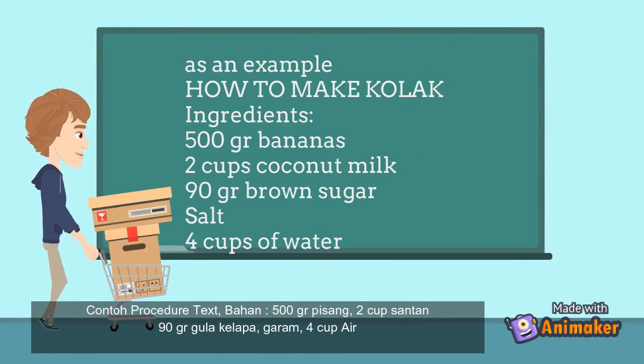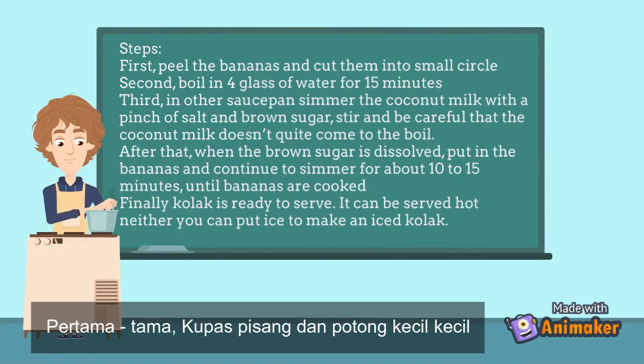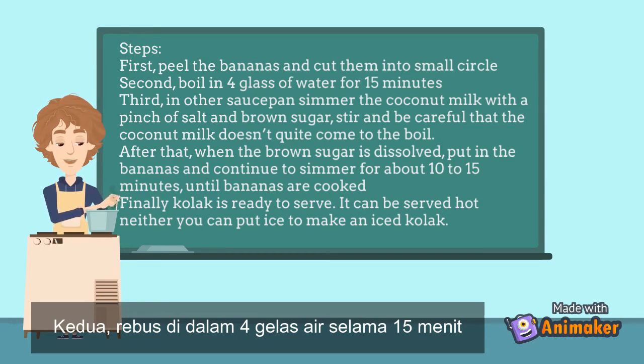Example: how to make kolak. Ingredients: 500 grams bananas, 2 cups coconut milk, 90 grams brown sugar, salt, 4 cups of water. Steps: first, peel the bananas and cut them into small circles. Second, boil in 4 glasses of water for 15 minutes.